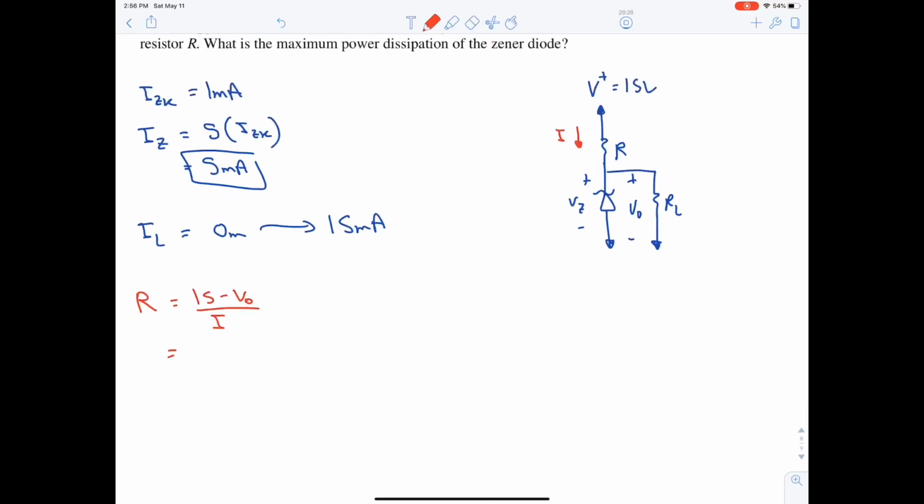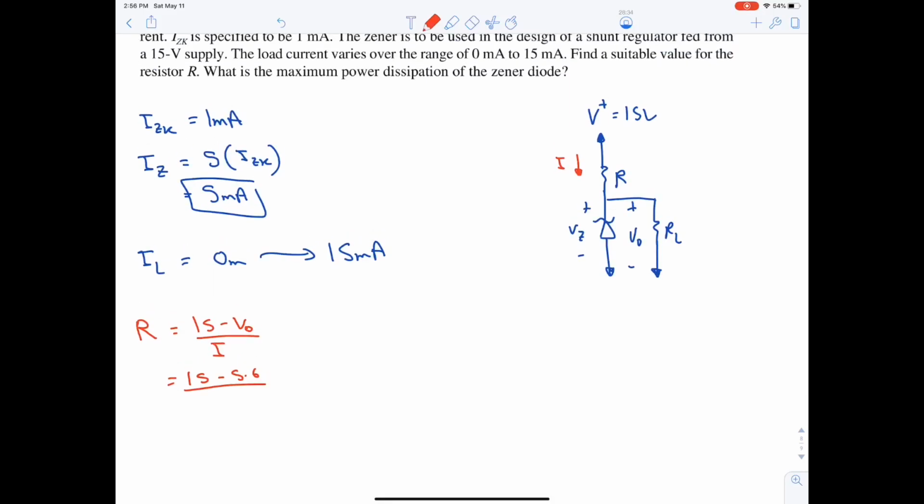So it will be 15 minus 5.6 divided by I. What is I? I is actually KCL. So we need to do KCL now. It's IZ plus IL. IZ is 5 milli, whereas IL is in the range from 0 to 15 milli. So we need to take the worst case scenario, which is 15 milliampere. So here we're having 20 milliampere.